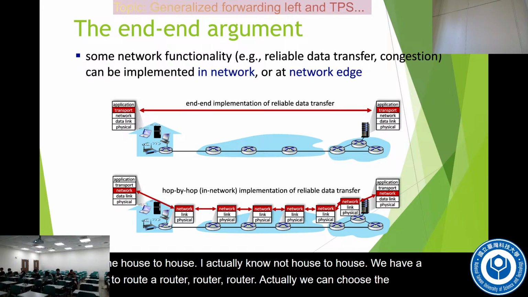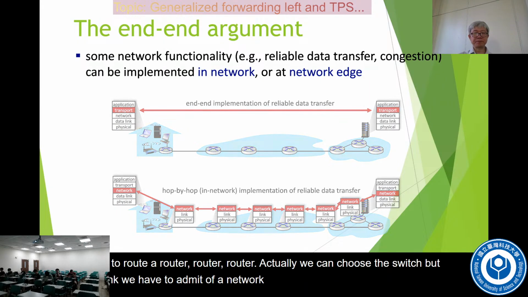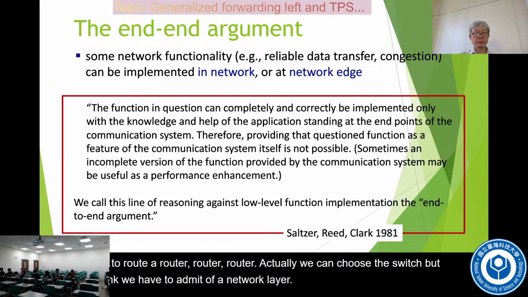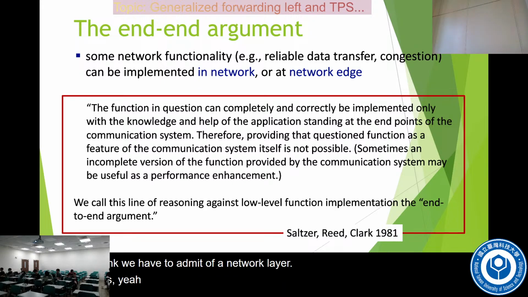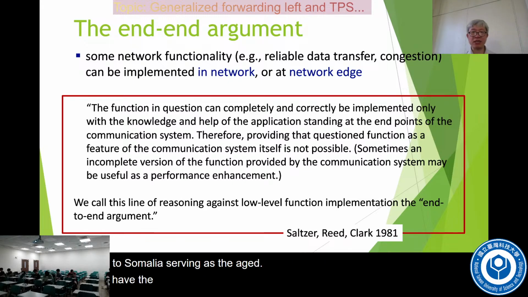But we think we have the element of a network layer. So yes, even if you think the concept should be from house to house, we have many ones, and many ones so that we have one. It's the edge. A router, someone serving as the edge. So we have the new concept of the edge. Network edge.